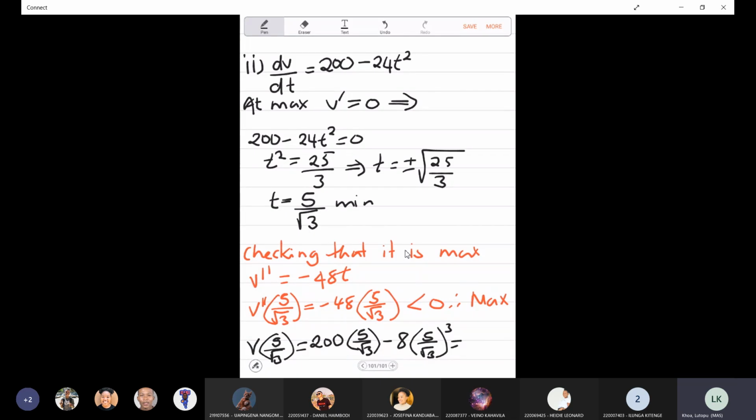Okay, so this is 694.444, and sorry, I'm writing the wrong answer. This is 384.900, and this is meters per minute. Okay, so the question doesn't tell us how many decimal places to leave it in. So we follow what is usually on the question paper, which is to leave your answer to 3 decimal places.